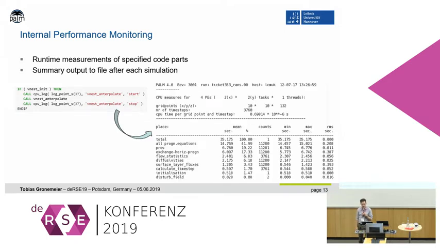After each simulation or each run of the code, we have an output into a so-called monitoring file, where we list the runtime of all the different parts of the code, so that we can always monitor if some code parts are getting slower and slower while the development is moving on.